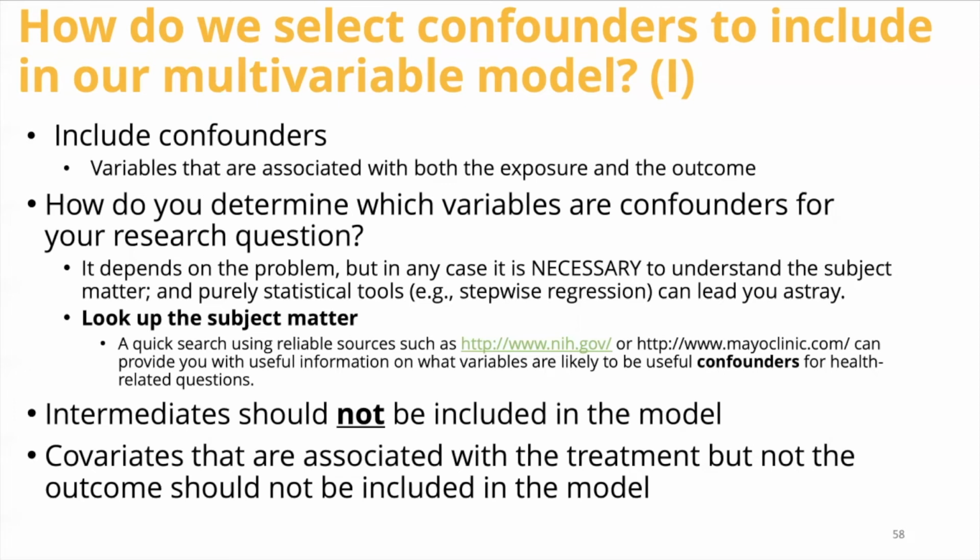So level of DNA mutation would not be a variable that you'd want to adjust for in a statistical model if you're looking at the association between sun exposure and skin cancer.